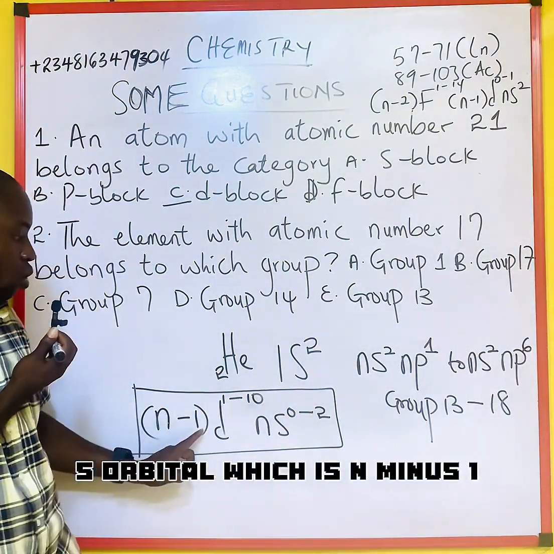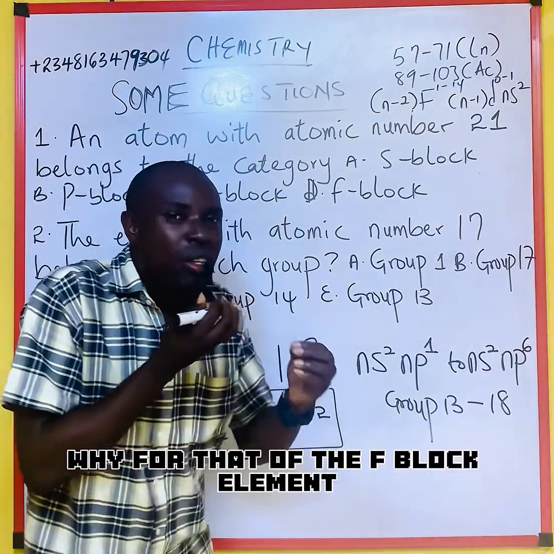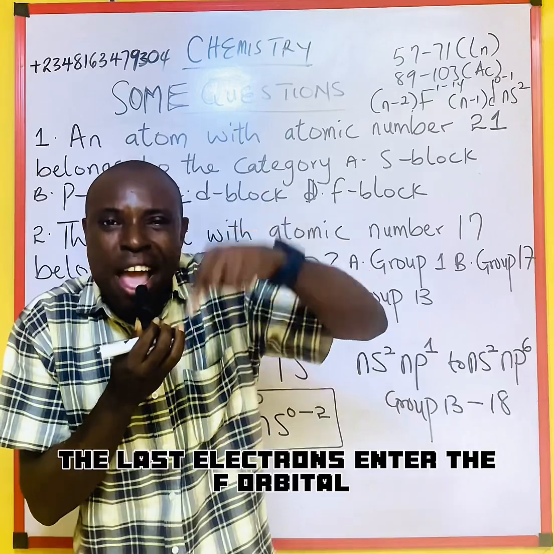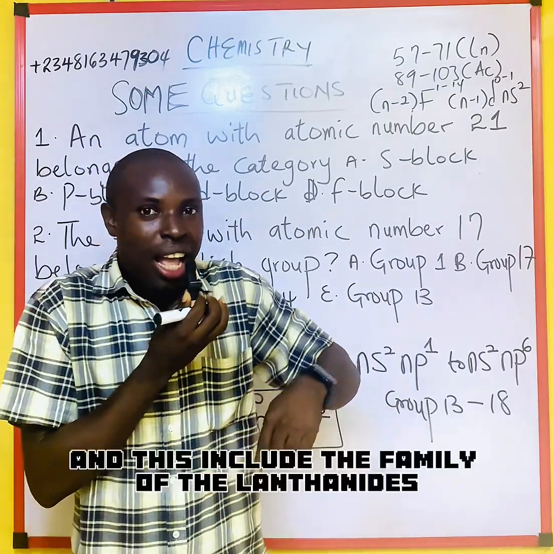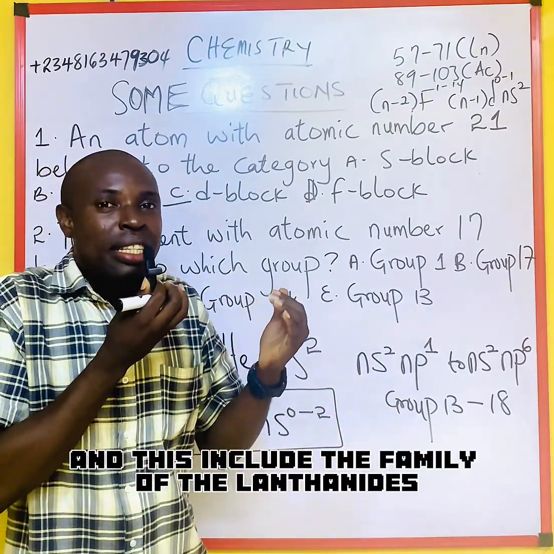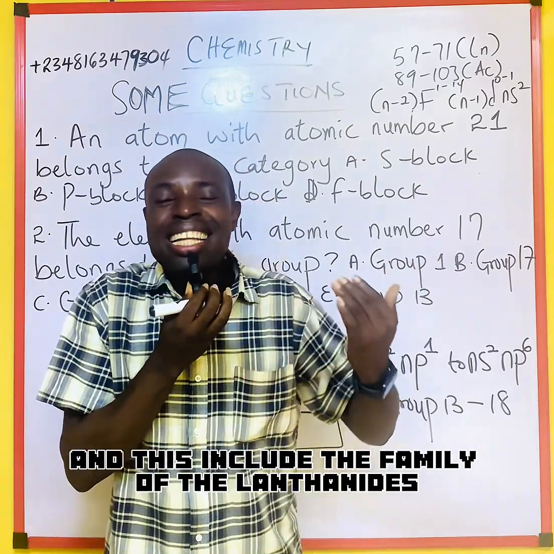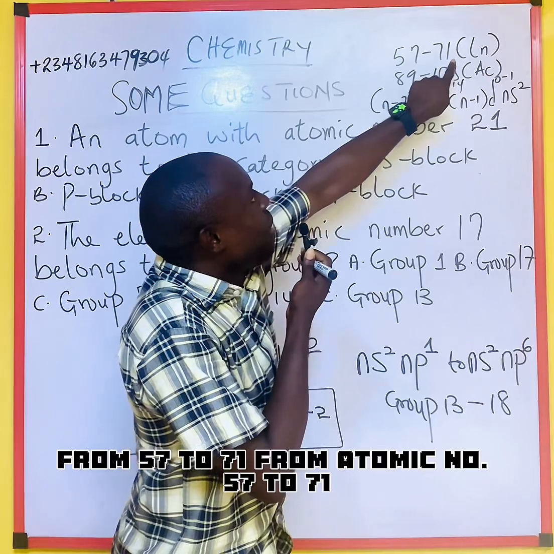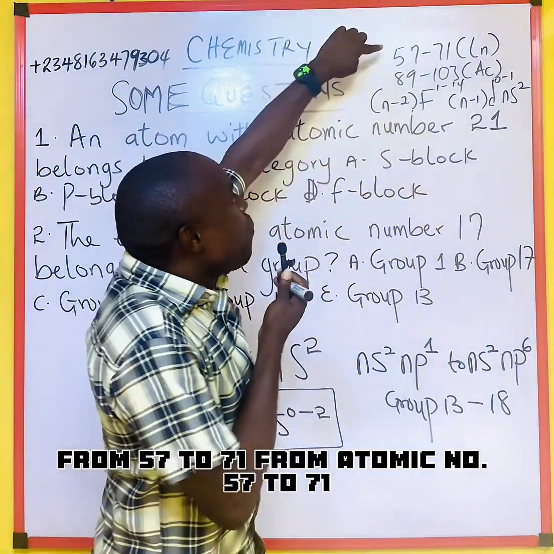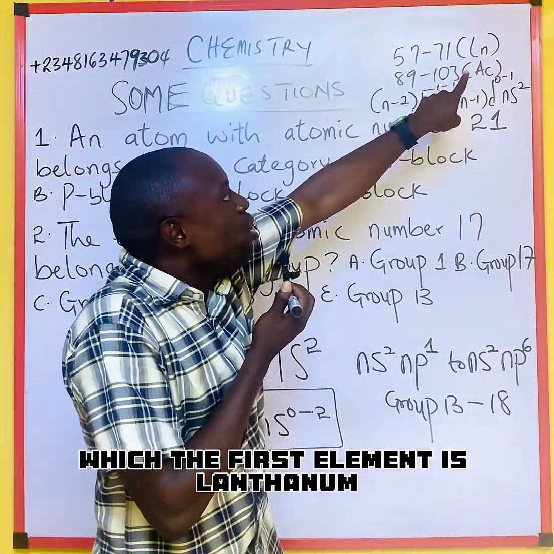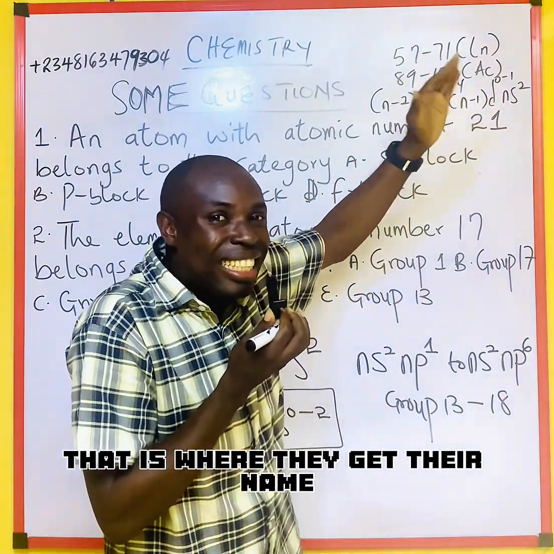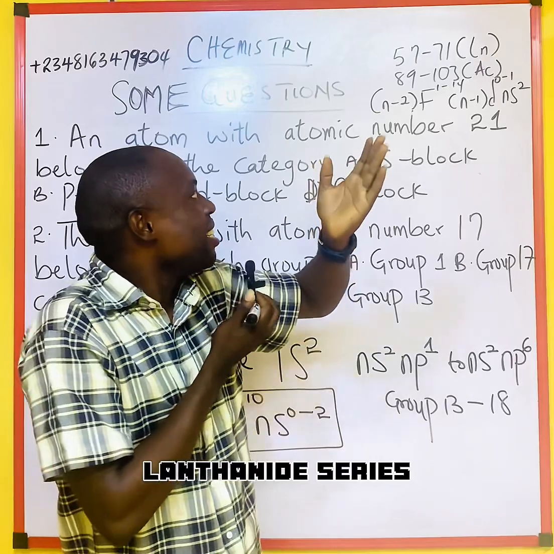While for the f block elements, the last electron enters the f orbital, and this includes the family of the lanthanides and the actinides. The lanthanides are from atomic number 57 to 71, and the first element is lanthanum. That is where they get their name, the lanthanide series.